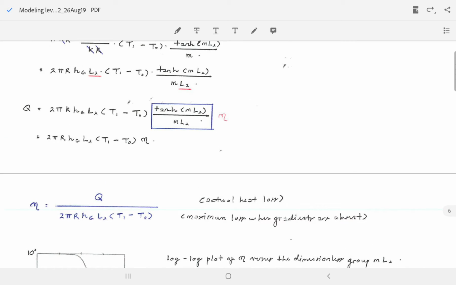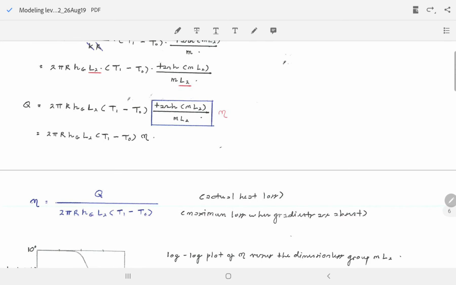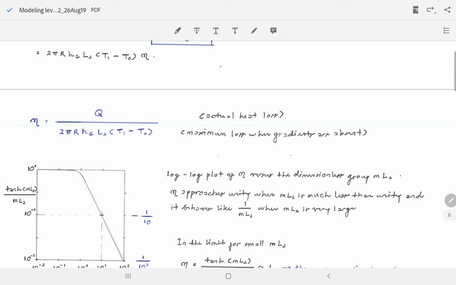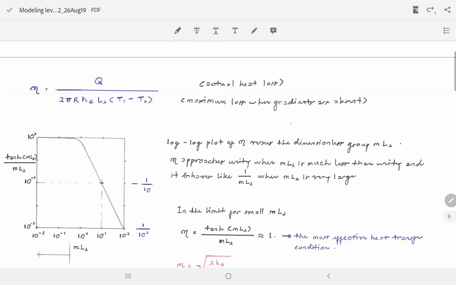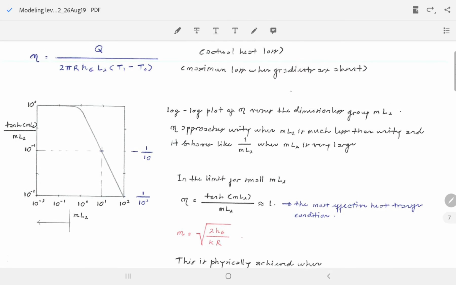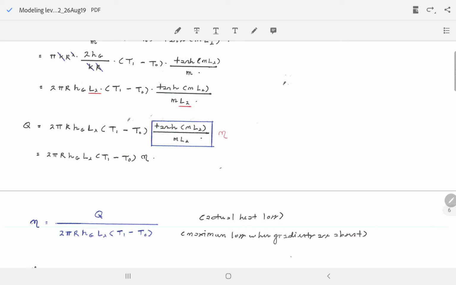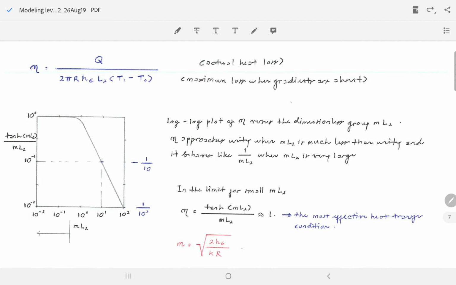We have this mu in here, and this mu is equal to the actual heat loss divided by the maximum loss when gradients are absent. And we can plot this effectiveness factor. Note that this effectiveness factor is equal to tanh(ml2) divided by ml2. So we plot tanh(ml2) divided by ml2 as the y-axis and ml2 as the x-axis.